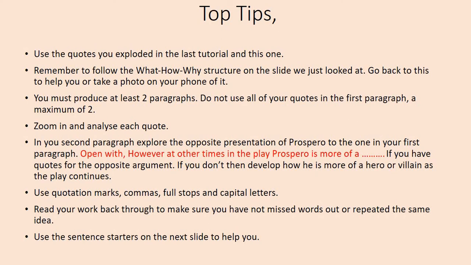If you have quotes for the opposite argument, do this. If you don't have any ideas or quotes for the opposite argument, then don't. Just develop how we continue to see him either being a hero, if that's what you said at the beginning, or how we continue to see him being a villain, if that's what you said at the beginning.